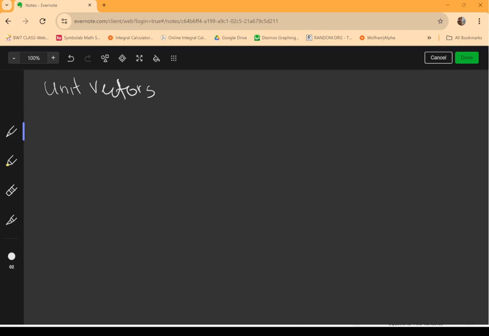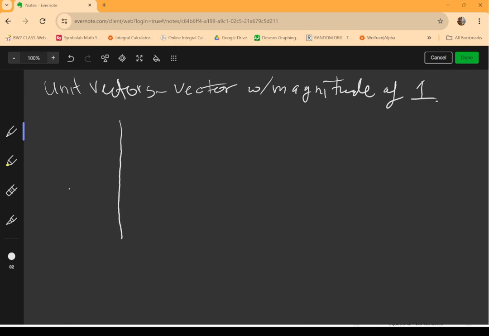All right, so a unit vector is simply a vector that has a magnitude of 1. Now, sometimes it's useful to have our vectors be unit vectors for various applications in different areas of math.